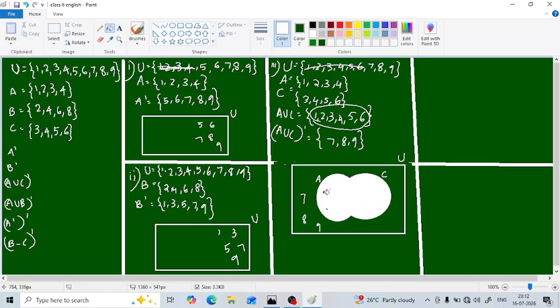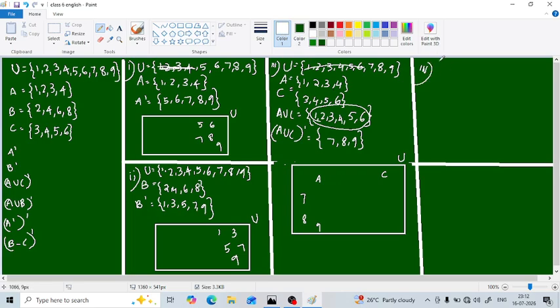So what are the elements other than A union C? They are 7, 8 and 9, because we can see only 7, 8 and 9 here. So we showed it both by Venn diagram as well as by theory, but for an exam we only need to show it in any one way. That's up to the student's choice.